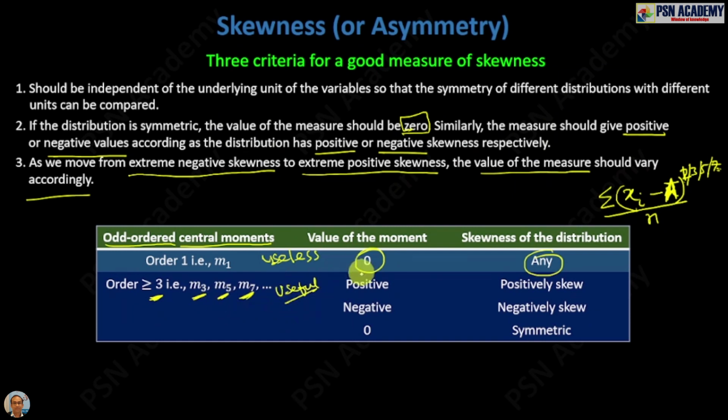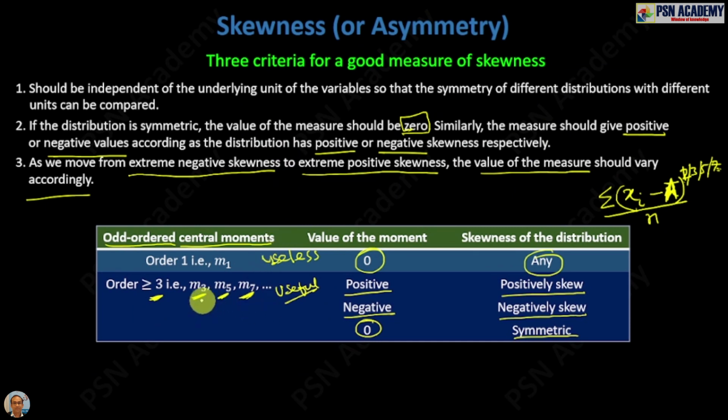Because whenever the value of this moment, M3 or M5 or M7, is positive, then you will have a positively skewed distribution. And a negative value of this moment will be there if your distribution is negatively skewed. And this moment will give you 0 whenever you have a symmetric distribution. And that conforms with the criteria, right?